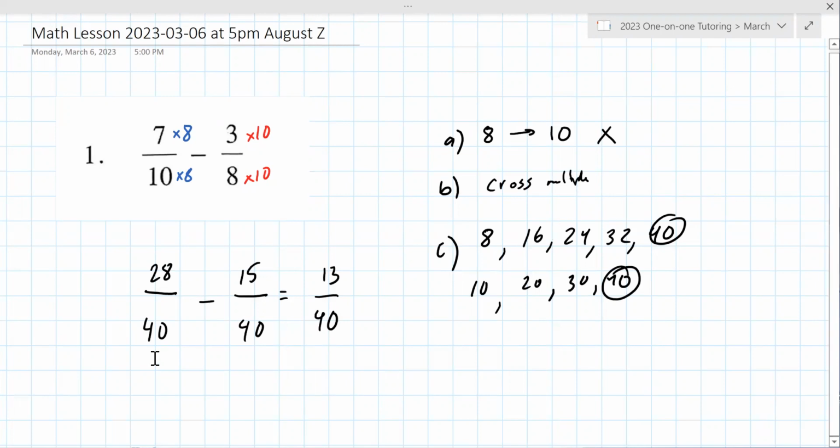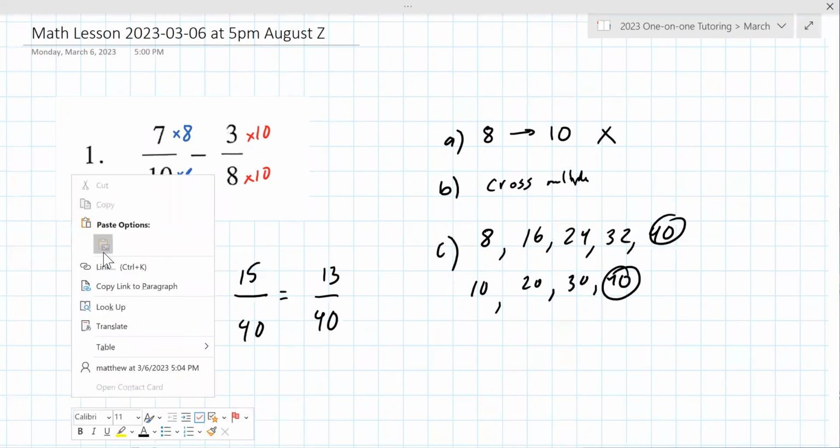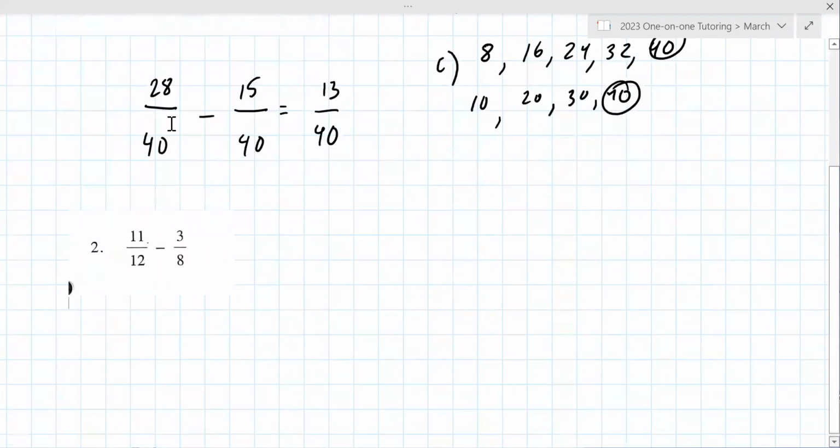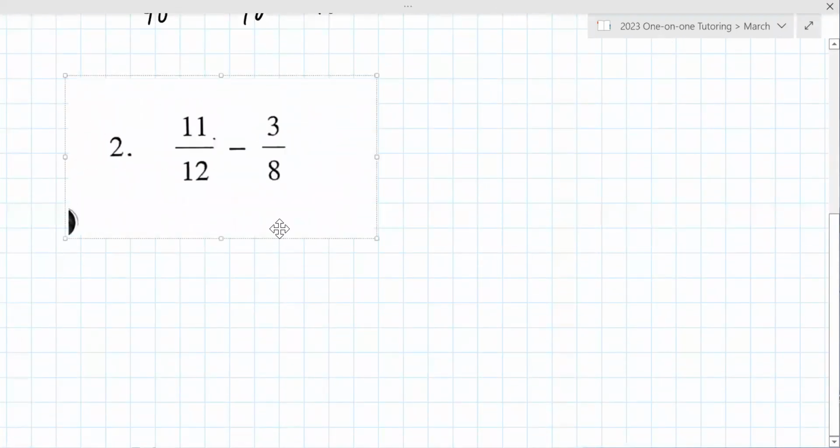All right, so number 2, kind of the same problem. You're subtracting the fractions. 8 does not go into 12. You could multiply 8 by 12, 3 by 12. You can multiply the 11 and 12 by 8, but there is a smaller number. And if you're not sure, you've got to write out a few of them until you see it.